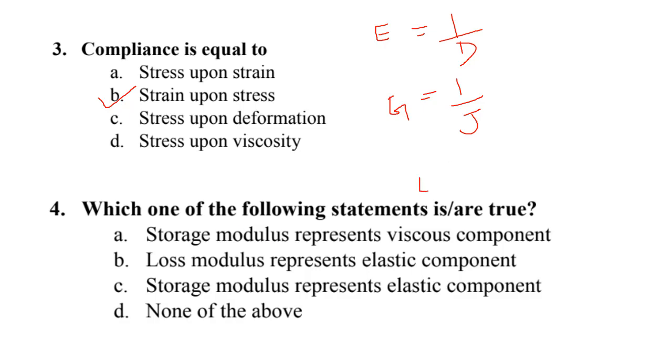For example, if I'm talking about the elastic modulus, E star will be equal to E dash plus i E double dash. So E dash will be the storage modulus. For those who have not understood, I'll just explain. E dash is the storage modulus.